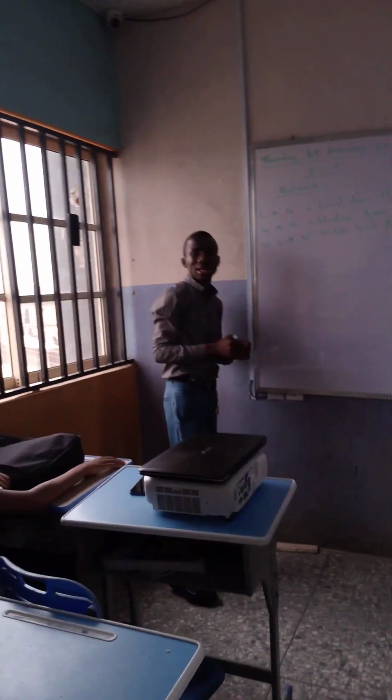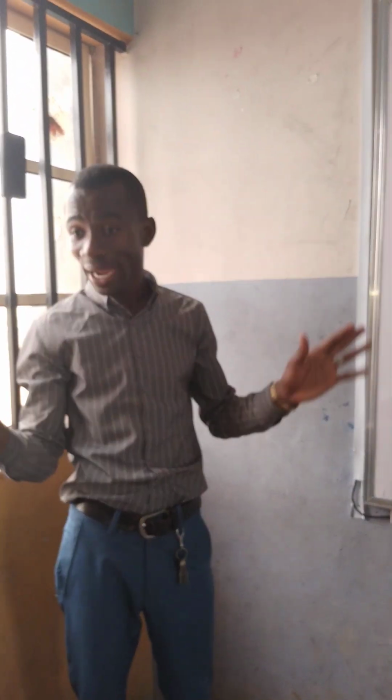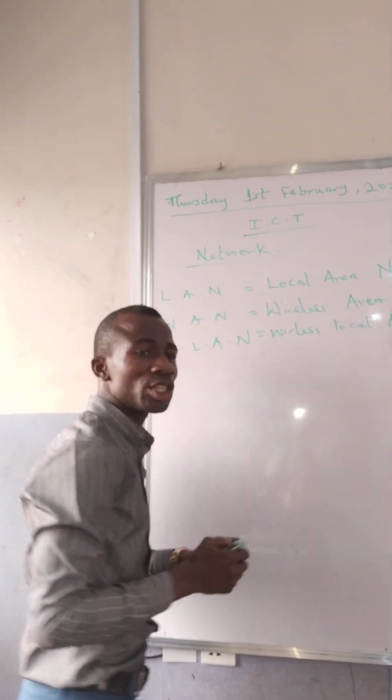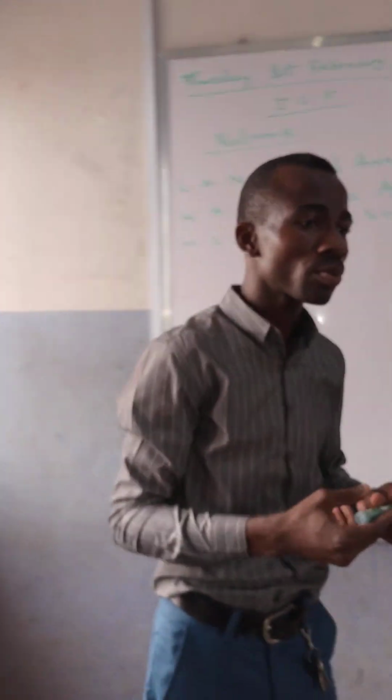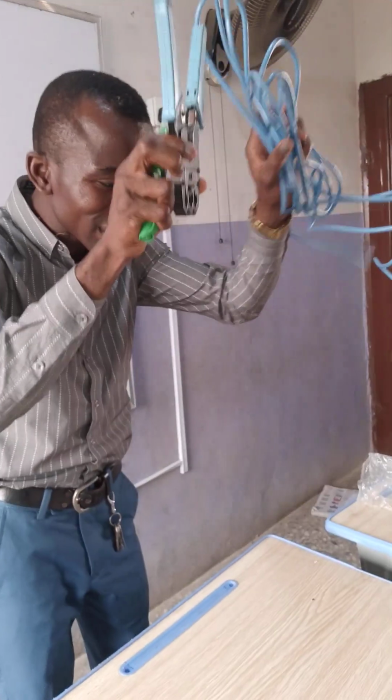Remember, these three categories of network, I gave you examples of where you find them. And we made mention of the LAN. The LAN is usually with what? That is what we want to do today.